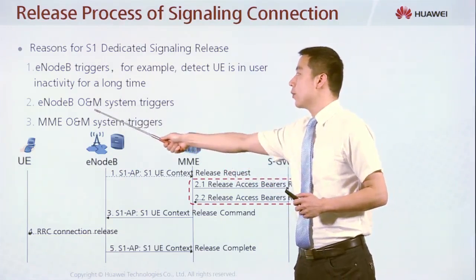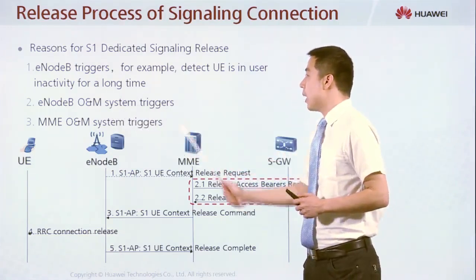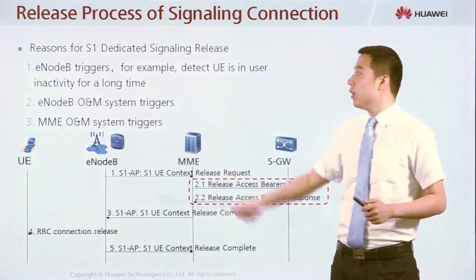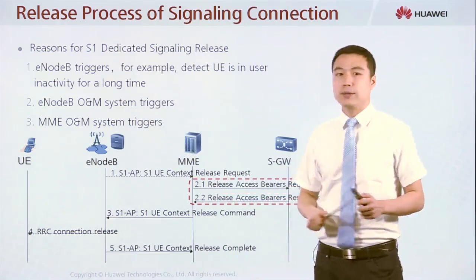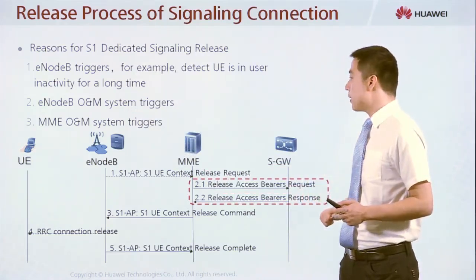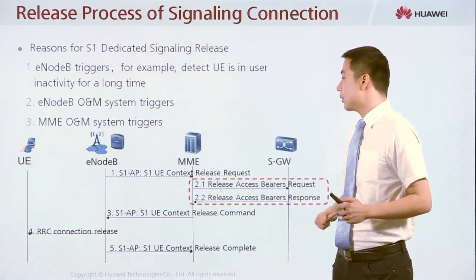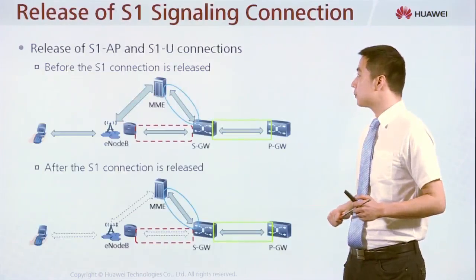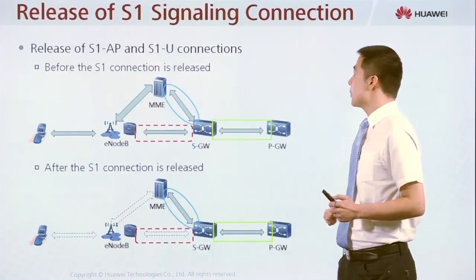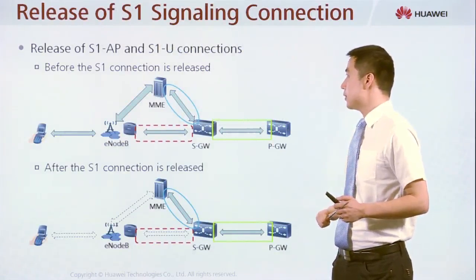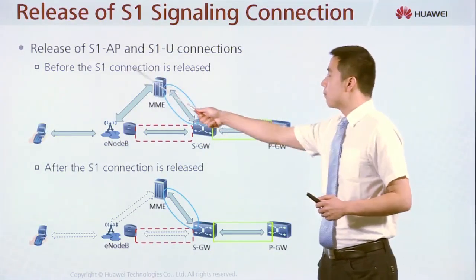OM here means operation and maintenance, or the MME OM system triggers. Anyway, if one of these reasons happens, we will release the signaling connections. First release the S1 connections, then release the RRC connections. This is the procedure for S1 signaling release.